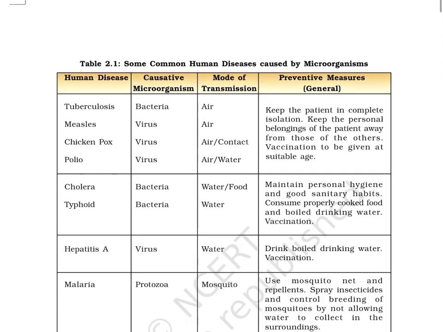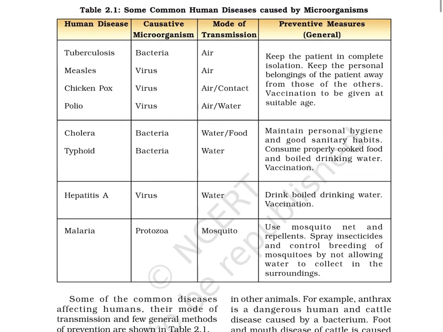Page 24. Table 2.1. Some common human diseases caused by microorganisms. Human disease, tuberculosis, causative microorganism, bacteria. Mode of transmission, air. Human disease, measles, causative microorganism, virus.